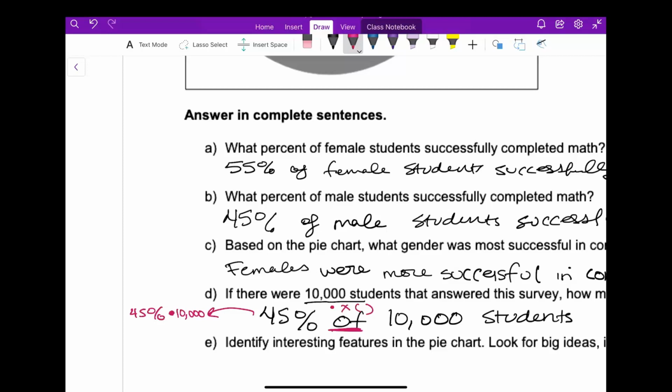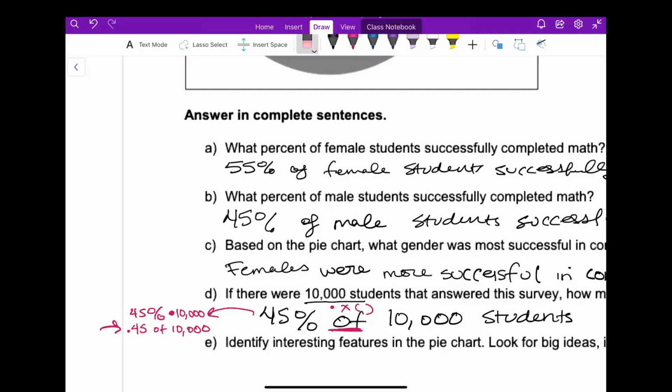Another thing that we got to do is we got to take this and do 0.45. 0.45 of 10,000. And man, this was a little bit of a difficult question for your first day, but we're going to get more practice like this. If you didn't know you had to turn that into a decimal, you're going to see more practice of this, okay? So this is just kind of an introduction.